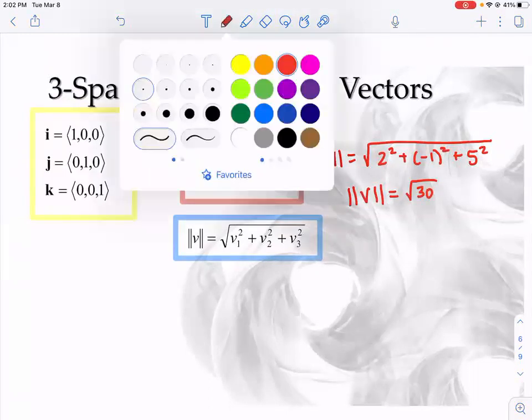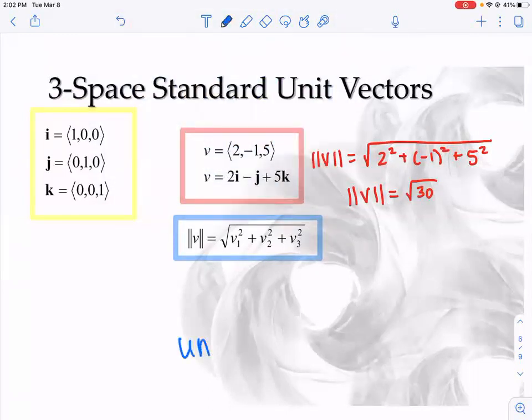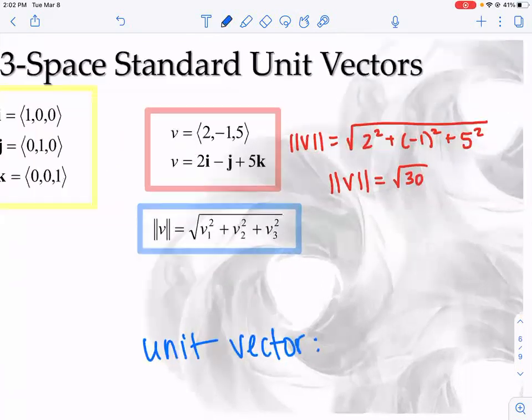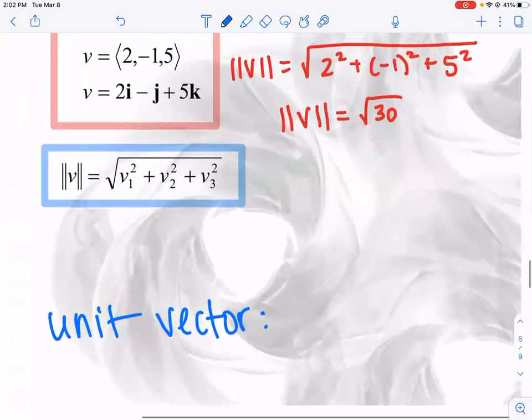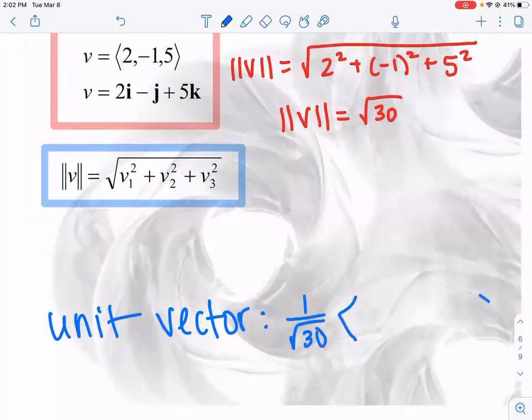If I wanted to make a unit vector in the same direction as that guy, first of all, what does a unit vector mean? Magnitude 1. So we can take the magnitude of v and divide it through our vector.